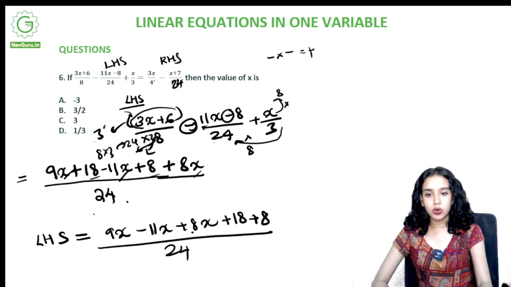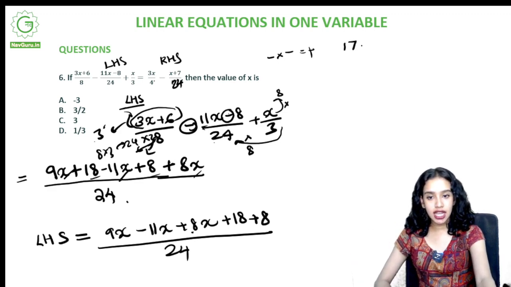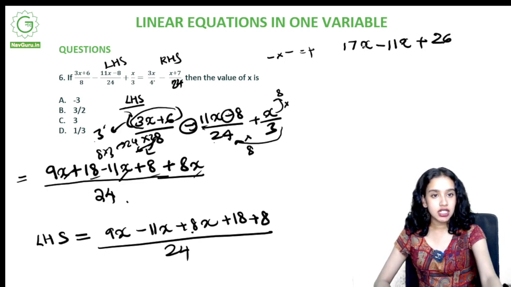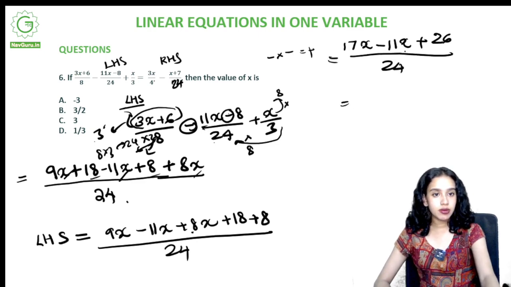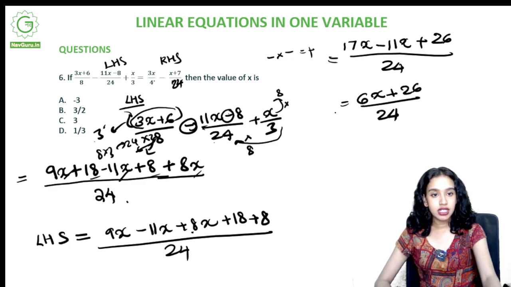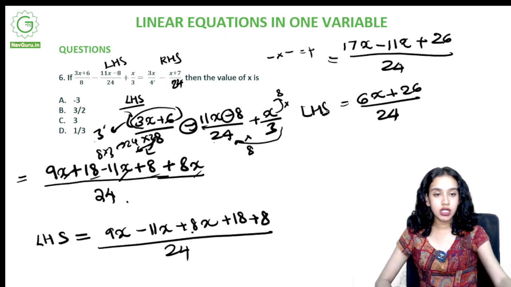So we have 17x minus 11x plus what is 18 plus 8? It's 26, whole divided by 24, right? Now what is 17 minus 11? We got 6x plus 26 by 24, right? This is the left hand side of the equation.